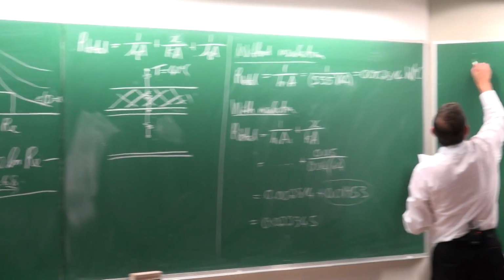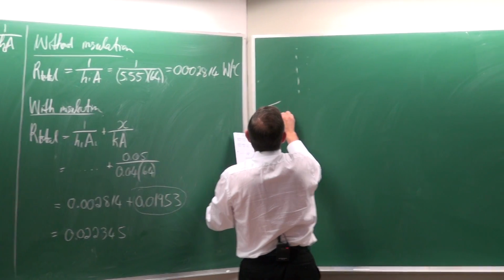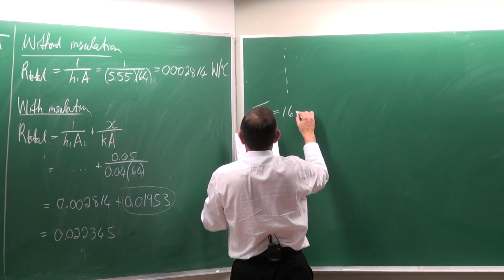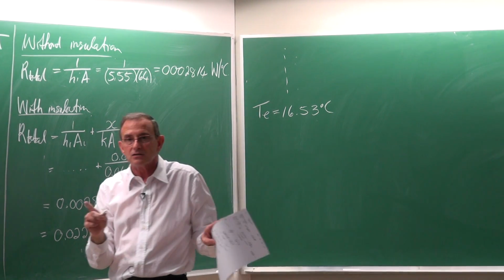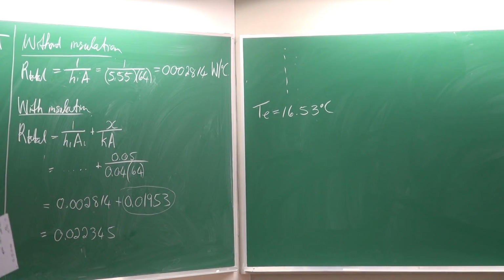Obviously you need to do some work in between, then the outlet temperature is going to be 16.53 degrees Celsius with 50 millimeters of insulation. If you redo the calculation with 100 millimeters, it's going to be 13.17. If you do it with 150 millimeters, it's going to be 12 degrees. So 2 degree temperature increase along the duct length.